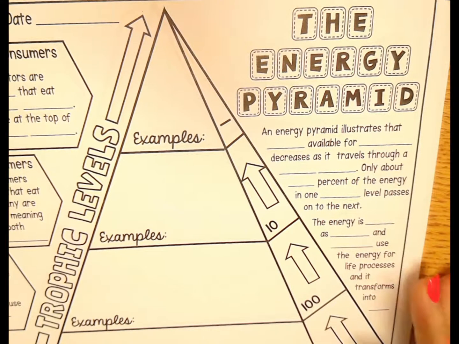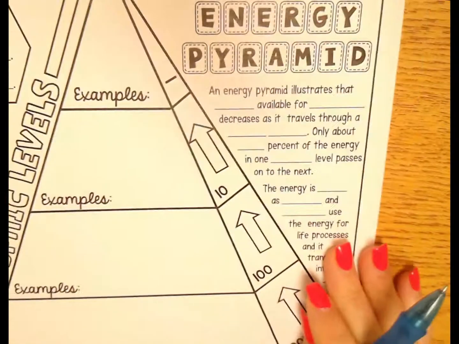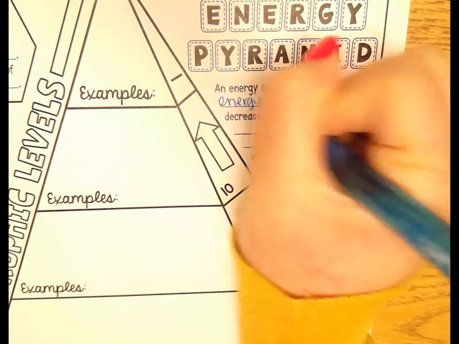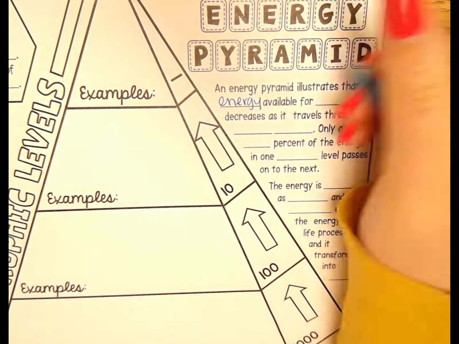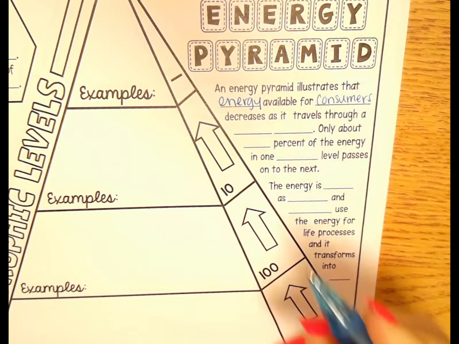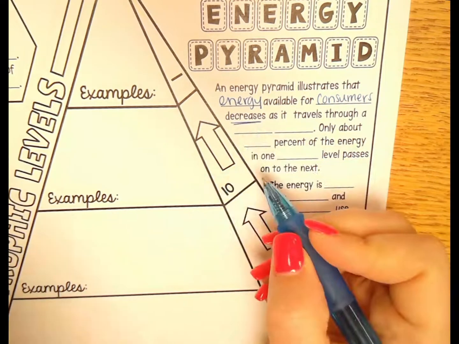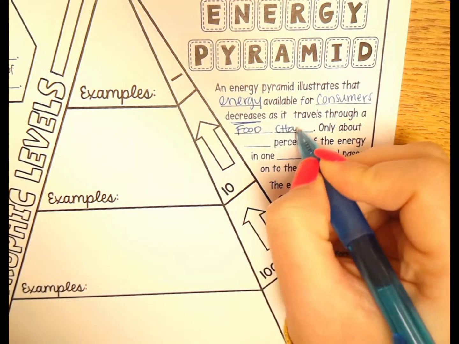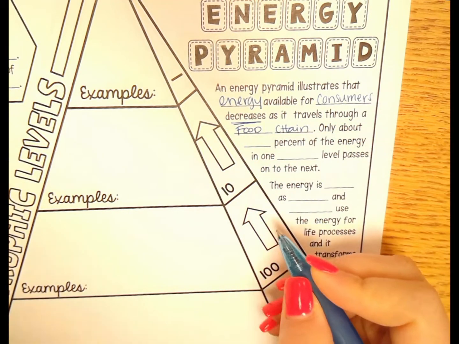An energy pyramid is going to show or illustrate the energy that's available for consumers. And it's going to show that that energy is decreasing as it travels through each food chain. Only about what percent?